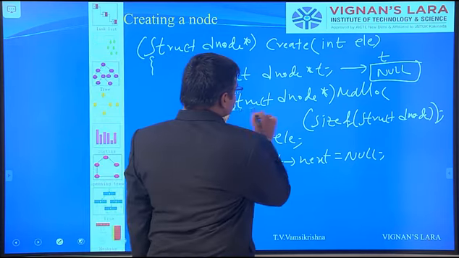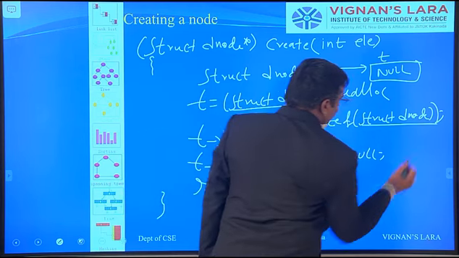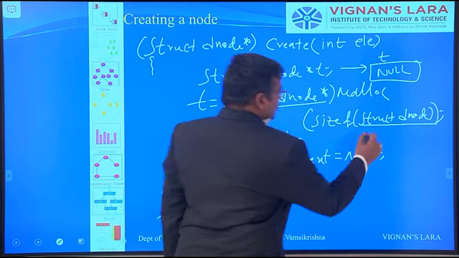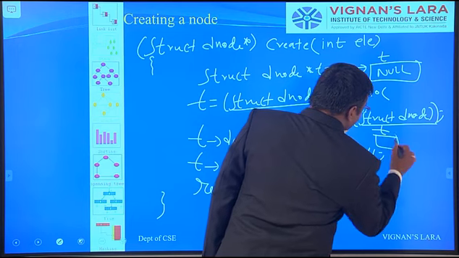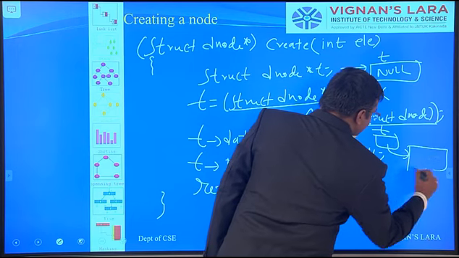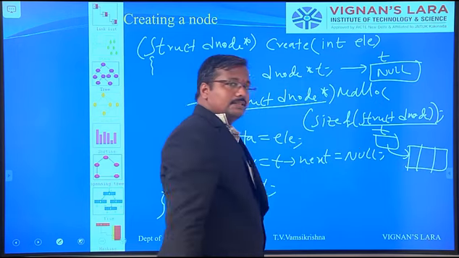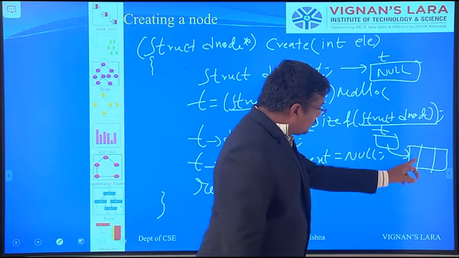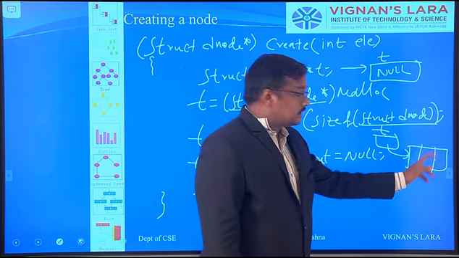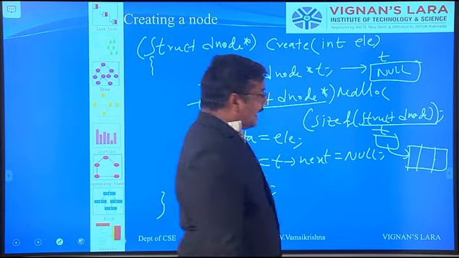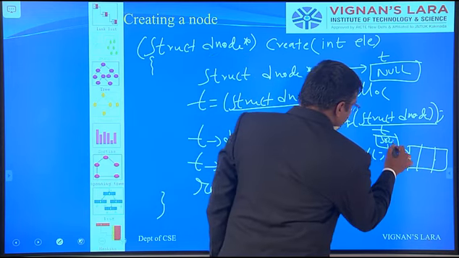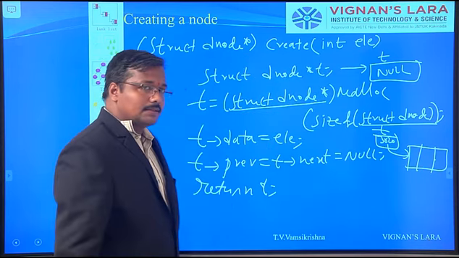Whenever we allocate memory of struct dnode type, it contains 3 different fields, so 2 bytes, 2 bytes, 2 bytes. 6 bytes of memory is allocated at runtime, say at some address 3020.